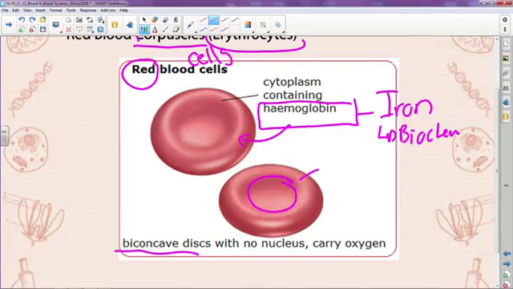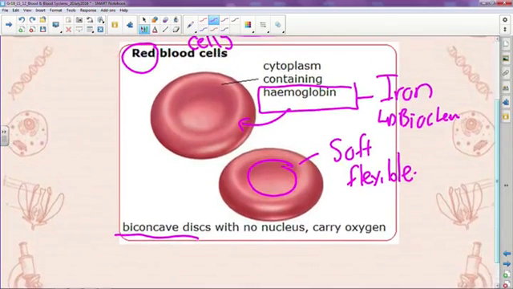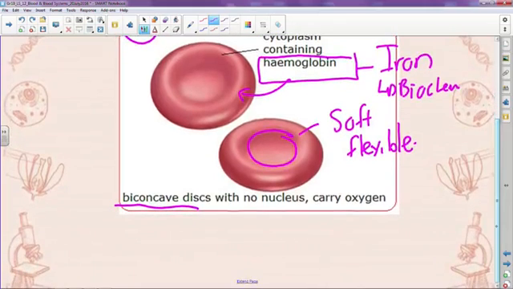With that, there's another two words that I can use here: soft and flexible. We need to use these qualities as they are needed in my transport system. Why do I say soft and flexible?